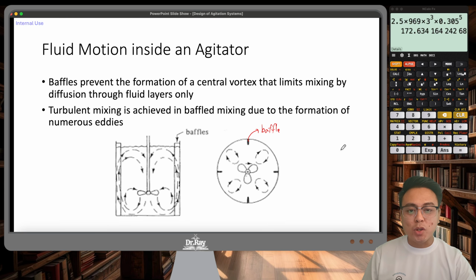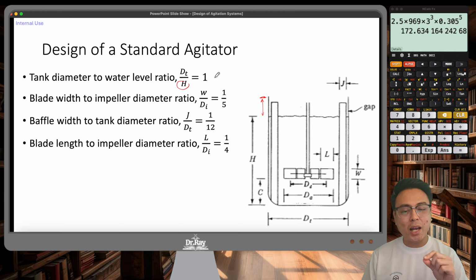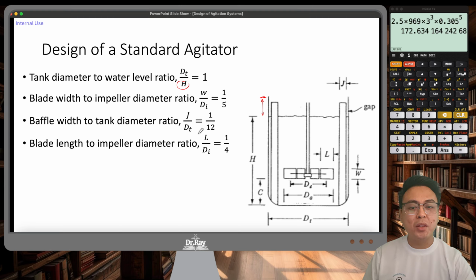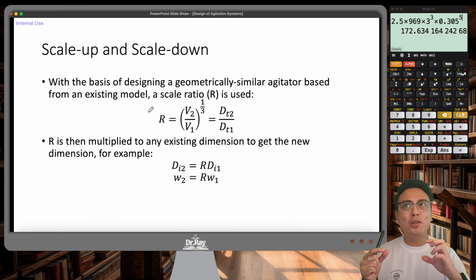And as you remember earlier, we described what a standard agitator looks like, and a standard agitator follows closely, not necessarily exactly, the provided guidance ratios for tank diameter, blade width, and all of those other parameters. So when we're doing scale up and scale down, we're just trying to keep those ratios the same, but we're making the entire system bigger or smaller.